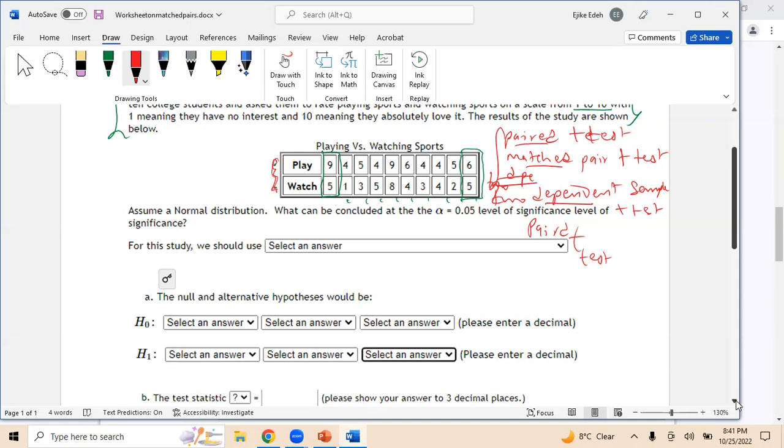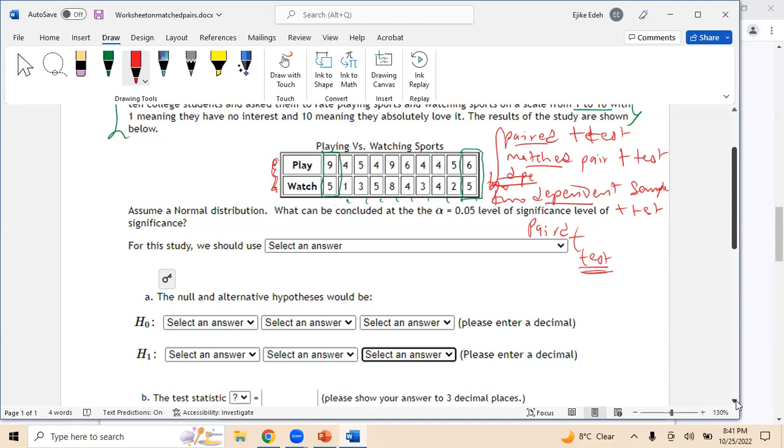So the emphasis is simply that they are dependent, or matched, or paired. So that would be the type of test. Of course, it is a t-test, but in addition to just being a t-test, because we have a matching and a pairing going on, it is properly called two dependent t-test, or matched pair, or paired t-test.